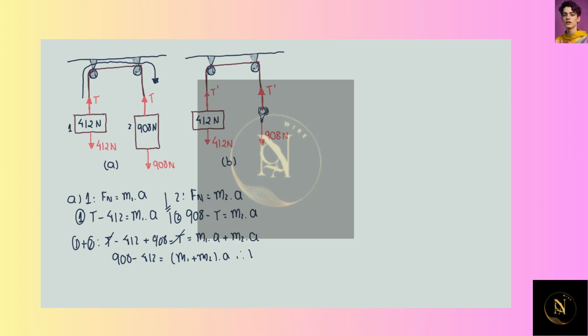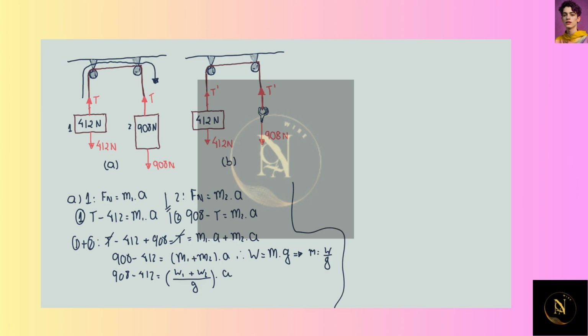Now, the weight force is the mass times the acceleration of gravity, so the mass is the weight force divided by g. We can write 908 minus 412 equals (weight 1 plus weight 2) divided by g, multiplied by a.